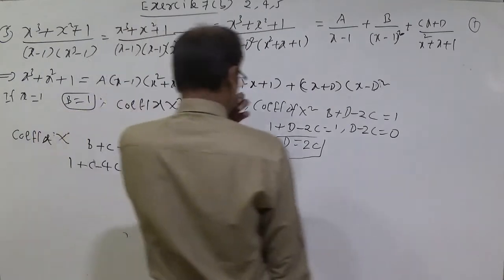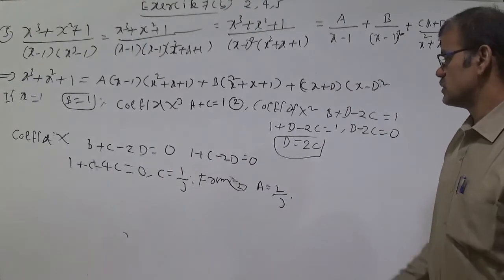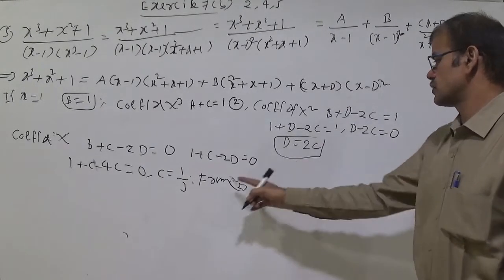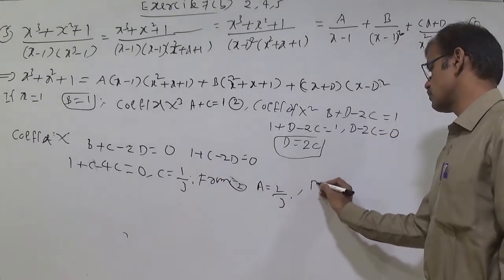A we got, B we got, C is equal to 1 by 3 we got, D is equal to 2C, so D is equal to 2 by 3.